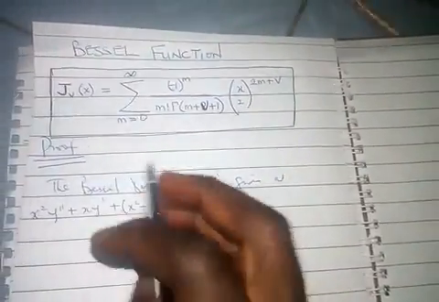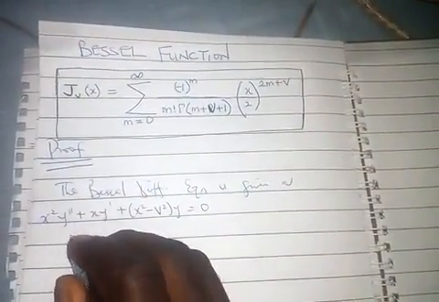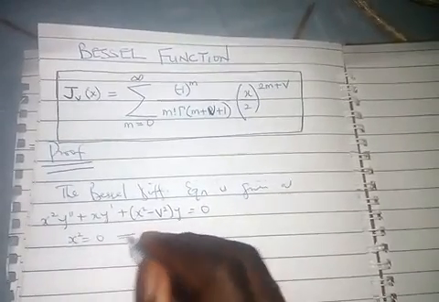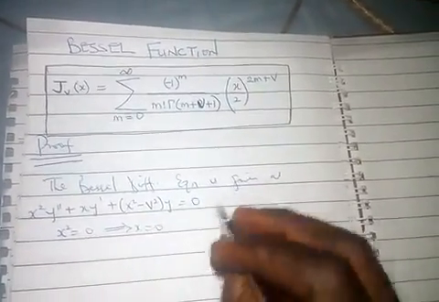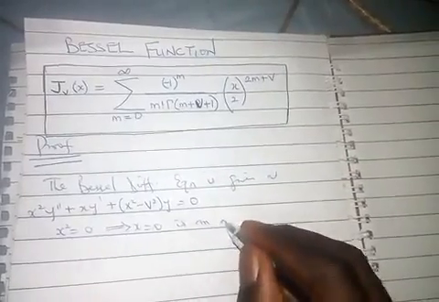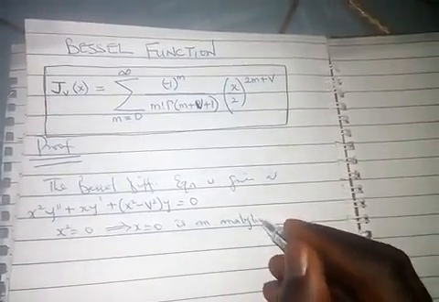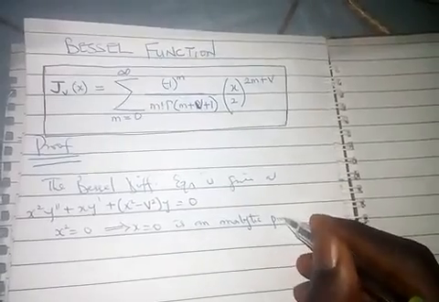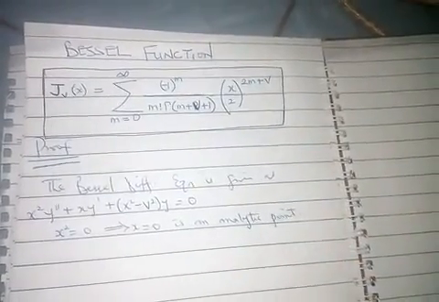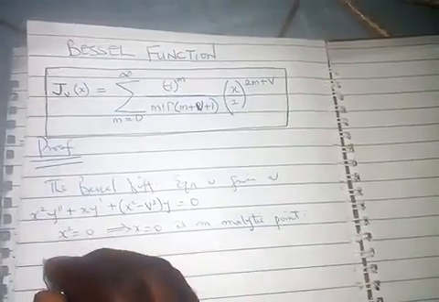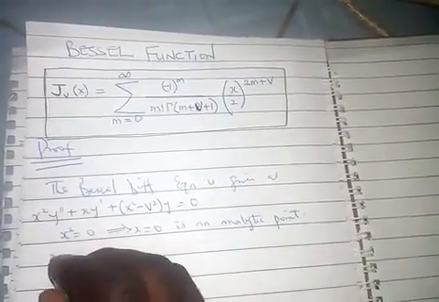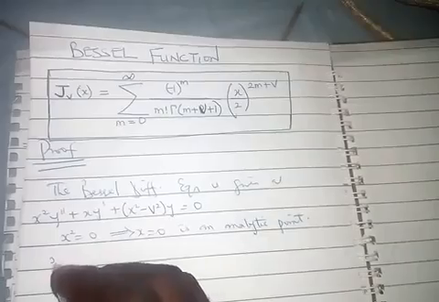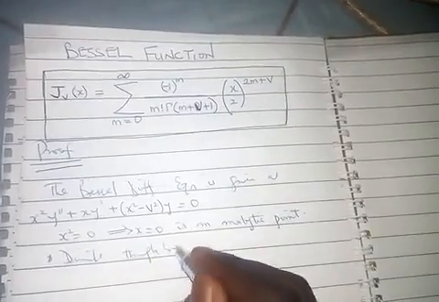Now to start, we say x squared equal to 0 implies that x equal to 0 is an analytic point. Then divide through by x squared.